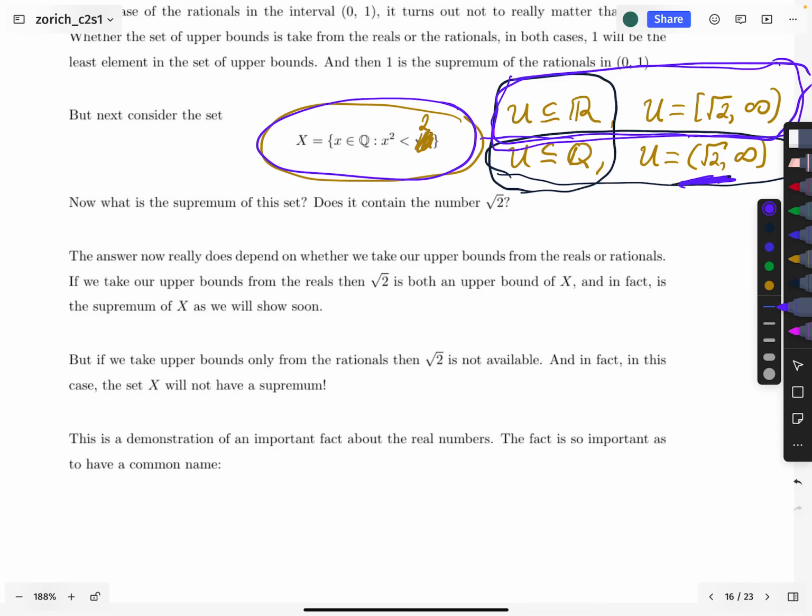So for that reason, because the real numbers guarantee us that the supremum always exists and that we can talk about it and use it, the real numbers are just a simpler, easier object to work with. Therefore, for the rest of this course, our sets of upper bounds will always come from the real numbers so that we can be guaranteed that for a non-empty set bounded above, the supremum is guaranteed to exist.